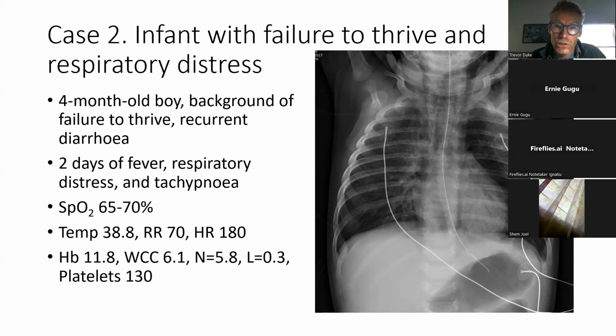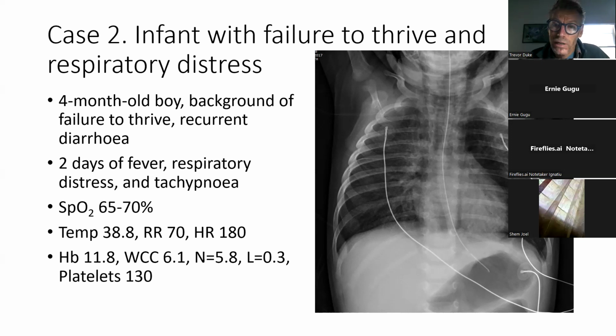The second case I wanted to talk about was case number 2. This was an infant, a fairly common sort of problem really, a 4-month-old boy with a background of failure to thrive. He'd been doing okay for the first month, and then in the last 2 or 3 months he'd been losing weight. He'd had recurrent episodes of diarrhea.